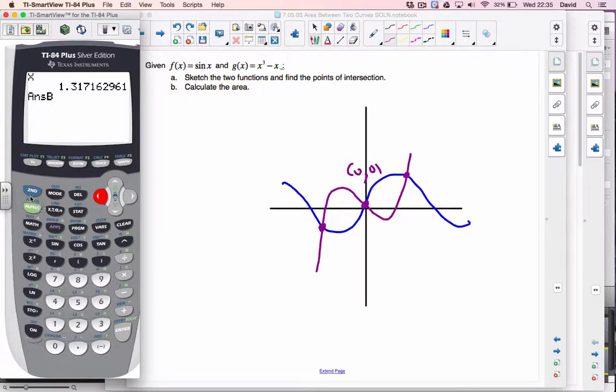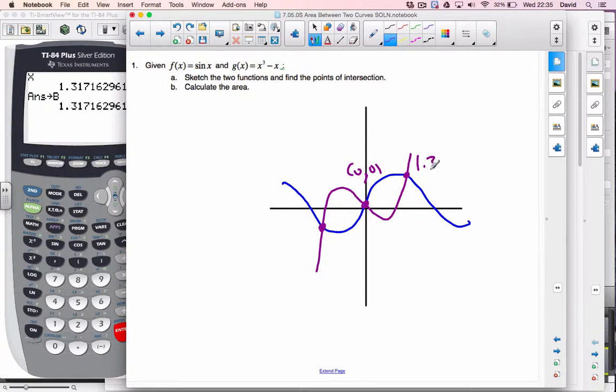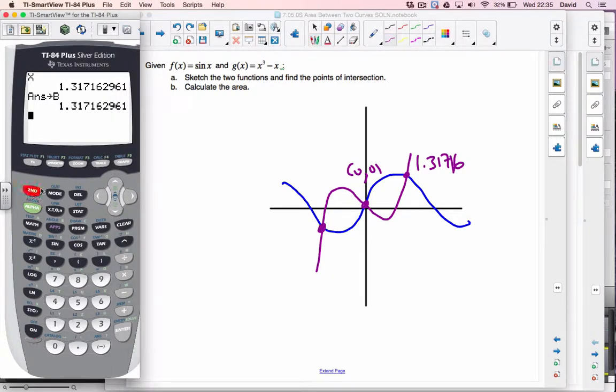One more time, there we go. Store this answer into alpha B. So I know that this value here on the end is 1.317616. The final answer has to be good to 3 significant figures, so I keep lots of decimals here. Similarly, I'm going to also have that one on the other end, and I get the intersection.